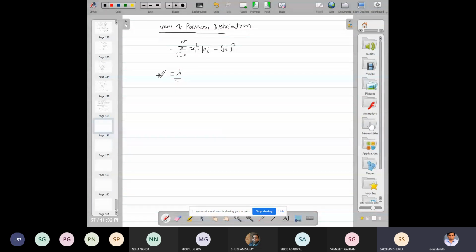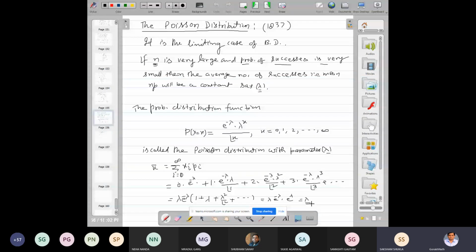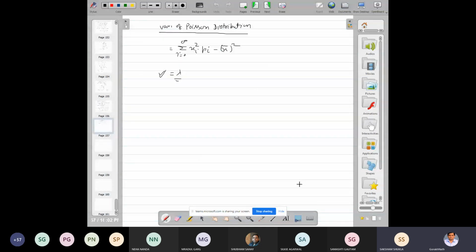So here we see that the mean and variance of Poisson distribution coincide. Mean is lambda and variance is also lambda. It has only one parameter, which is lambda. Lambda is equal to the mean.